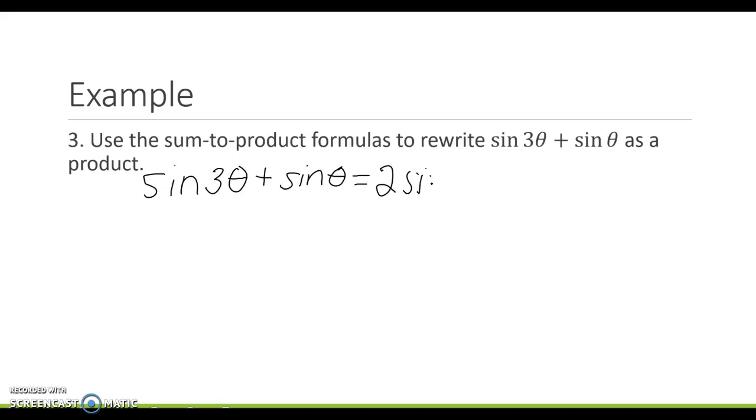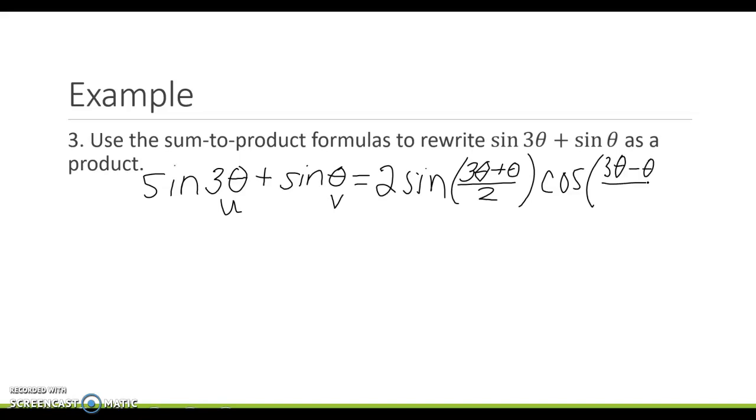So that first identity looks like this: 2 sine, so 3 theta is U, theta is V, 2 sine of (3 theta plus theta) over 2, and then cosine of (3 theta minus theta) over 2.